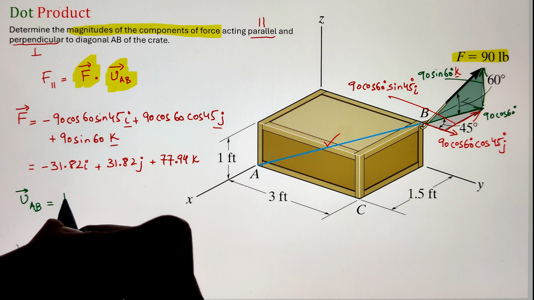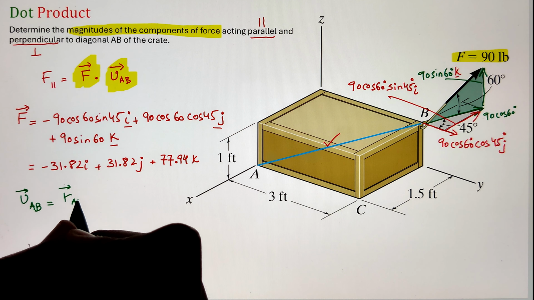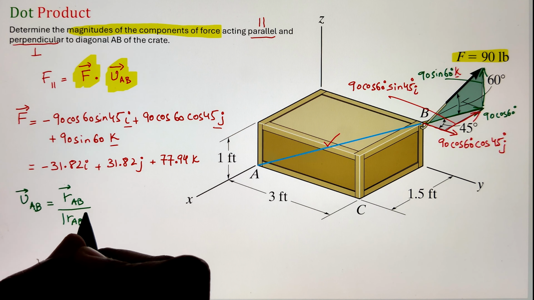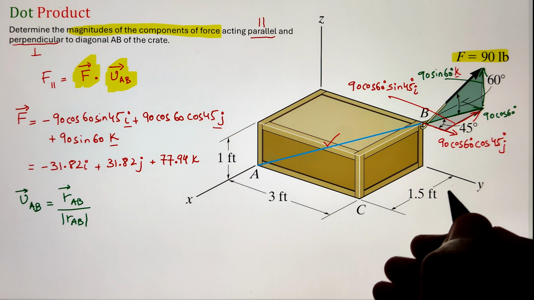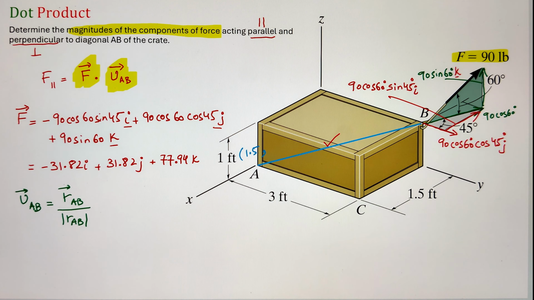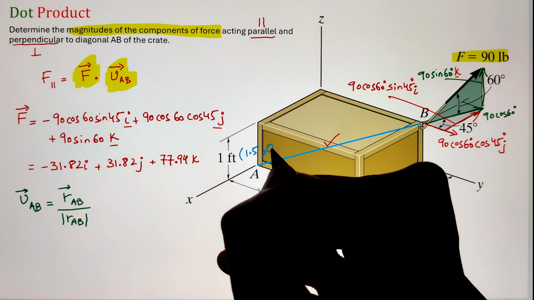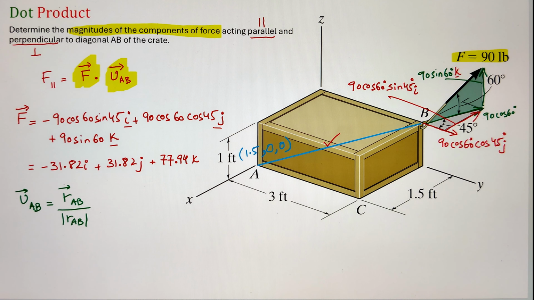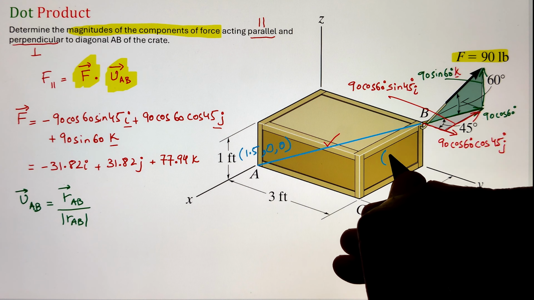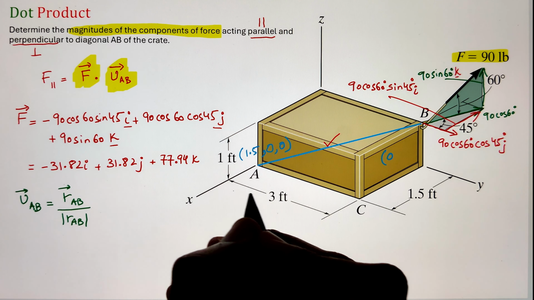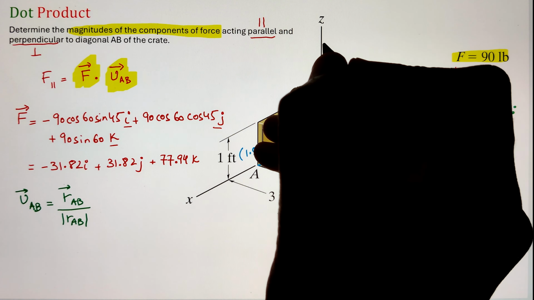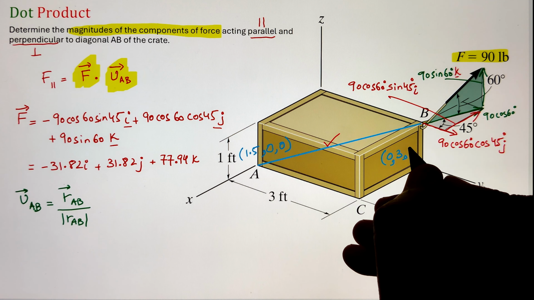So in order to calculate the position vector of line AB, we first need to identify the point coordinates of these 2 points. So to start, point A lies at a distance of 1.5 feet along the x direction, whereas the y and z components are both 0. Whereas for point B, it lies at the x component of 0, y component of 3 feet, and the z component of 1 foot.